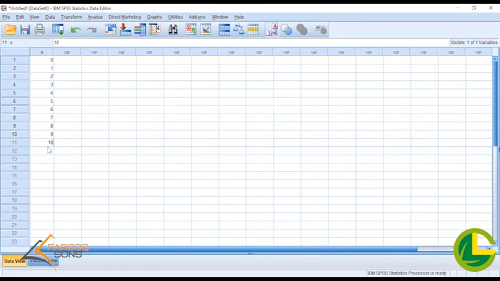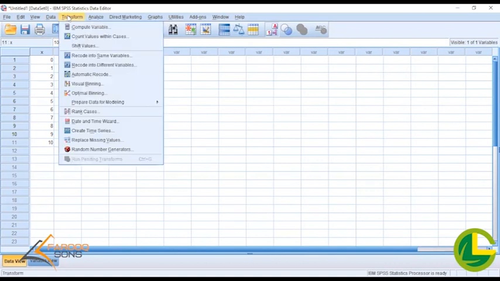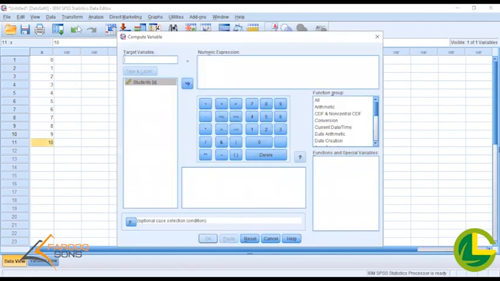Now you have to apply the command here. The command I taught you: Transform, Compute Variable. Whenever you open it, there are windows on the right side, up and down, two small windows.